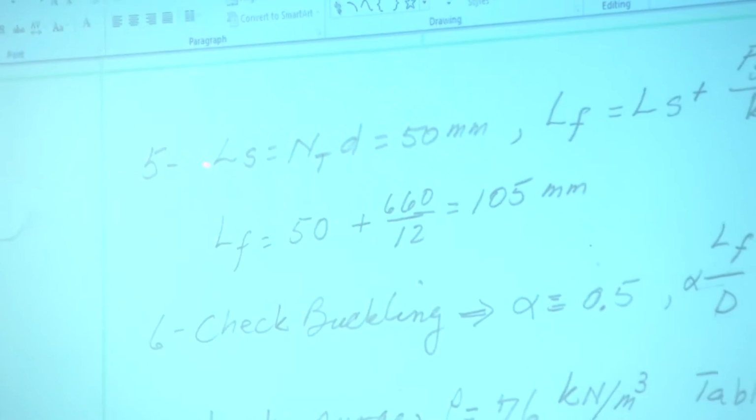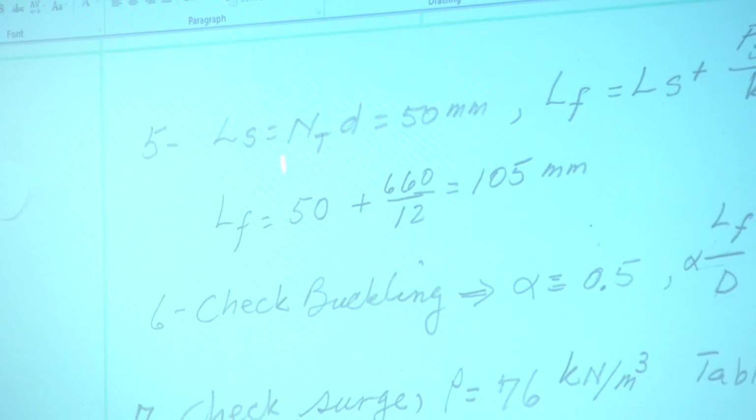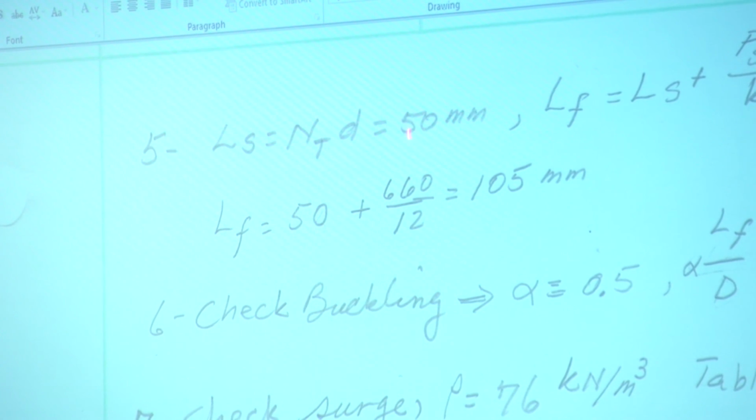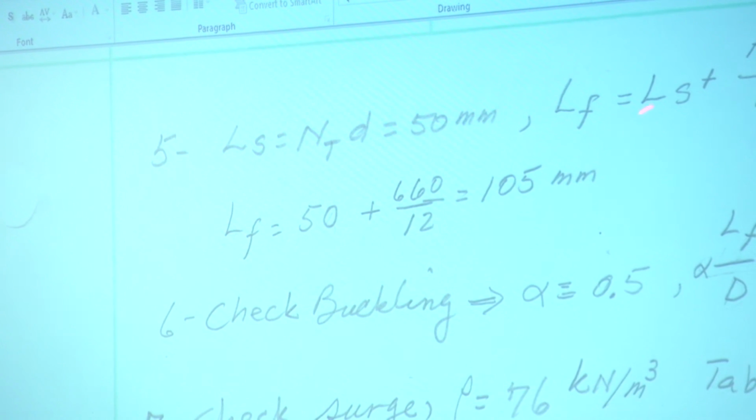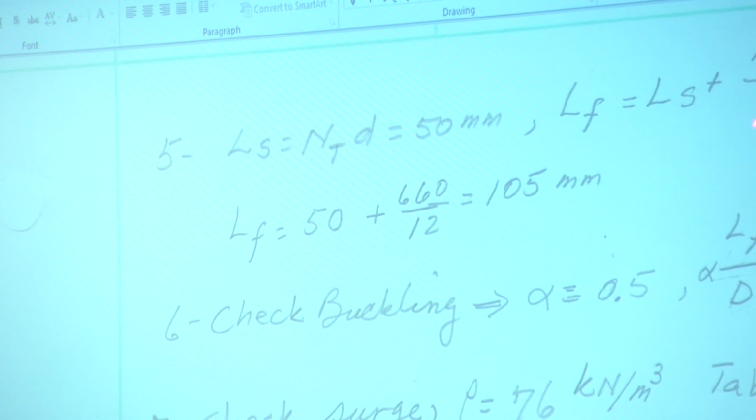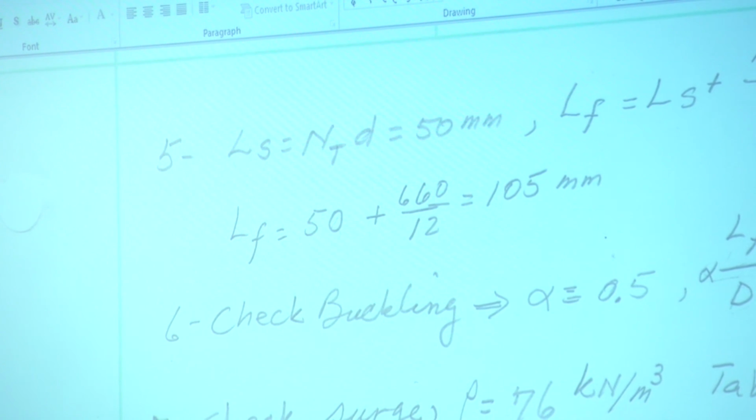The free length. The solid length, now that we have the total number of coils, multiply that by one wire diameter, you get the solid length. The free length is equal to the solid length plus the deflection at the solid length.